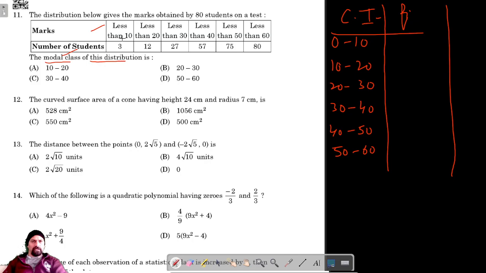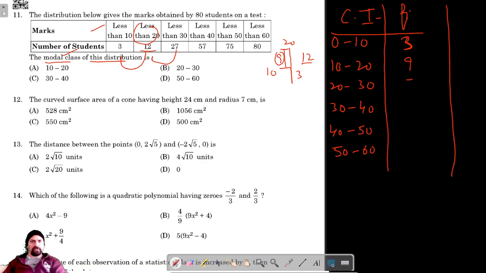For 0 to 10, the frequency is 3, but for 10 to 20, the frequency is not 12, because this frequency is for less than 20. For less than 20, we have 12 observations, and among these 12, 3 are less than 10. So for between 10 and 20, we have 9. We have to subtract this: 12 minus 3 is 9.